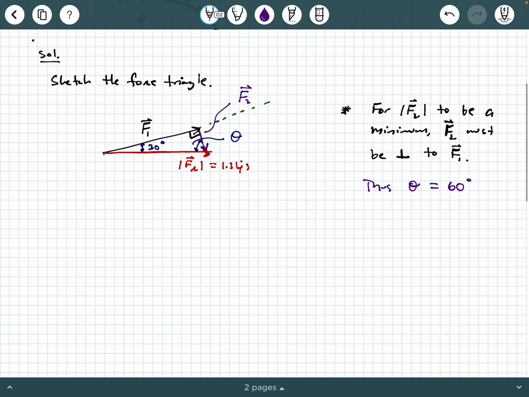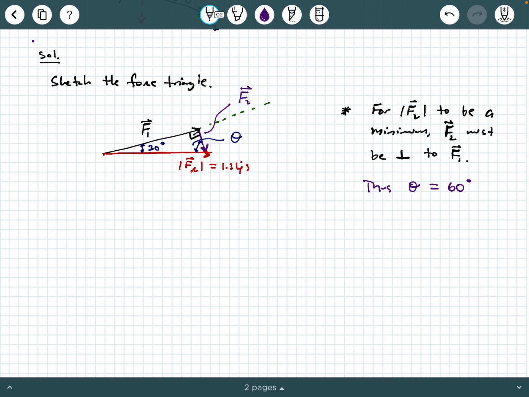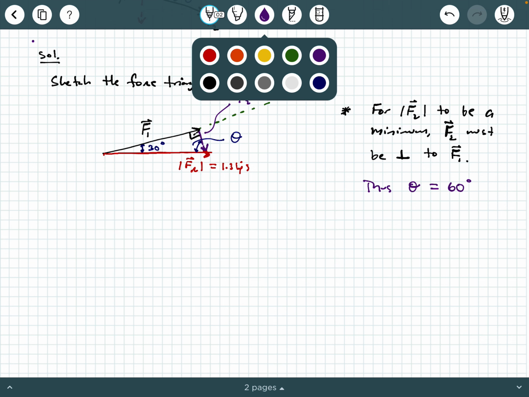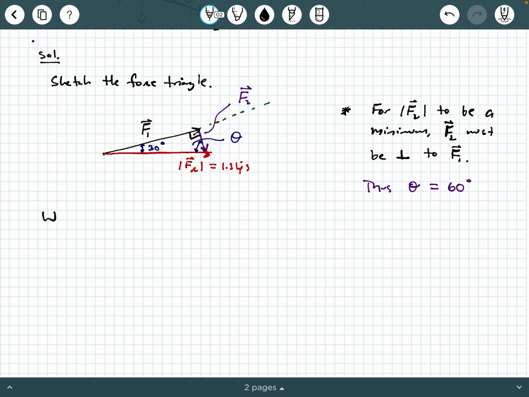So I'm going to go ahead and make a note here. I'm going to say now we can use right triangle trig to get the magnitude of F1 and the magnitude of F2.